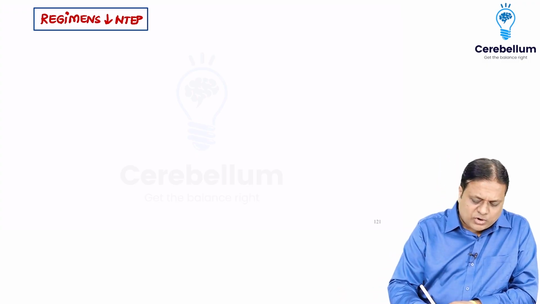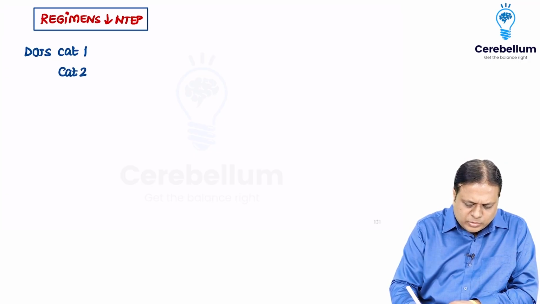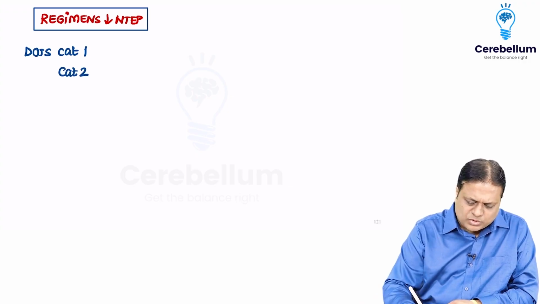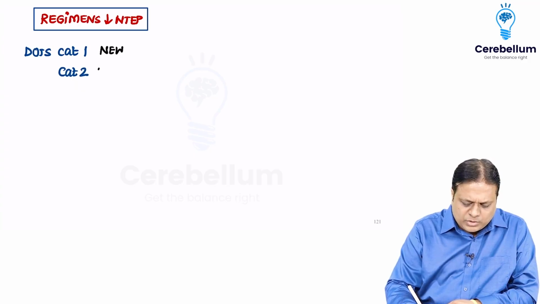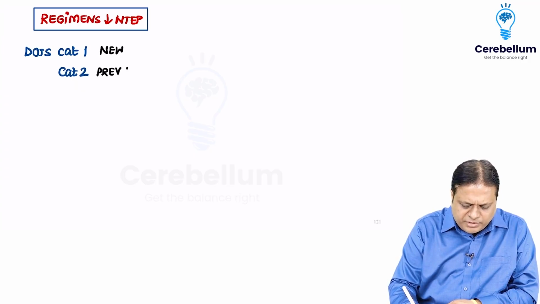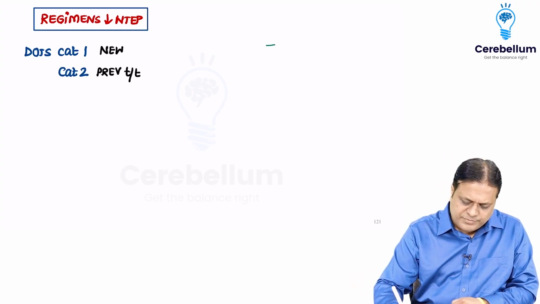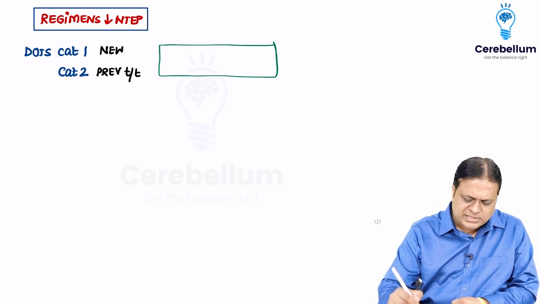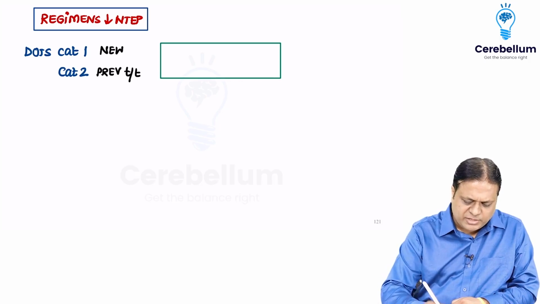Now when we look at DOTS, we have DOTS category 1, DOTS category 2. 1 includes all the new patients. 2 include all the previously treated patients. But in both the groups, the regimen of treatment is absolutely same.